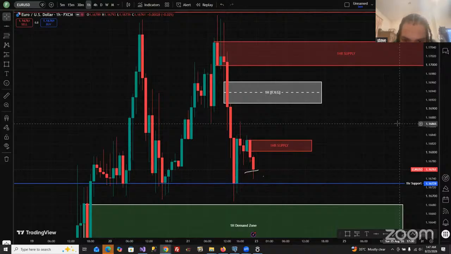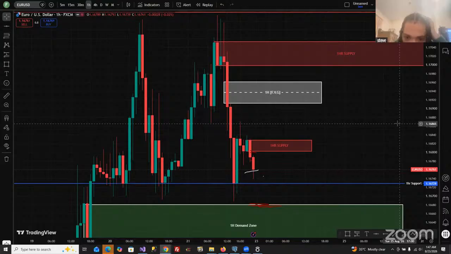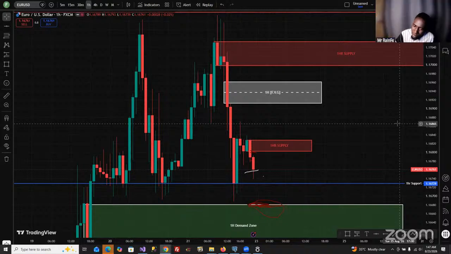I will put my take profit here, at the first wall, at the 1 hour demand zone.